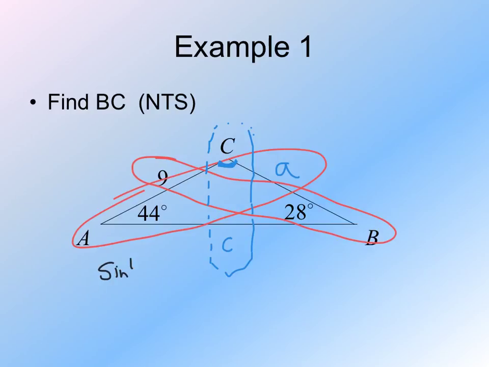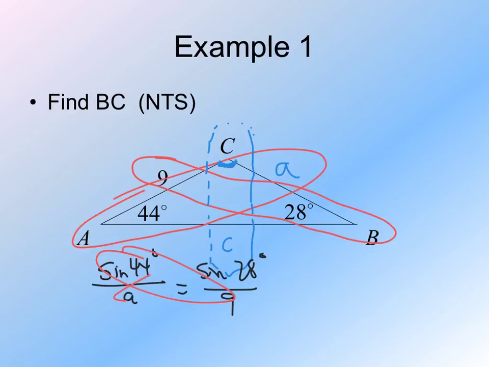Sine of A divided by little a equals sine of 28 divided by the matching side across the way, 9. Then, as we always have for these, we solve, here's our loop situation again, isn't it?